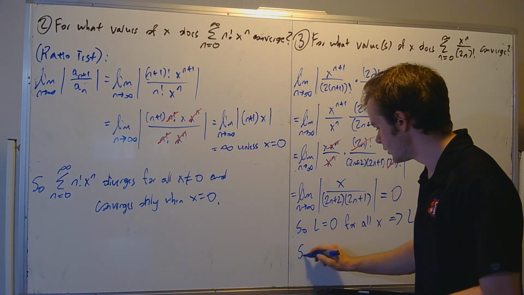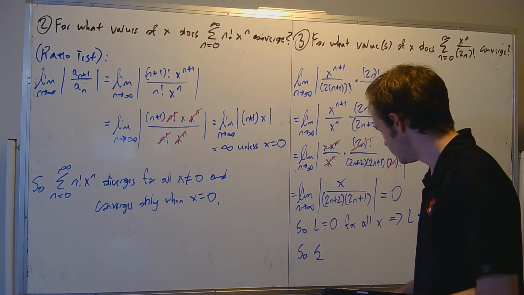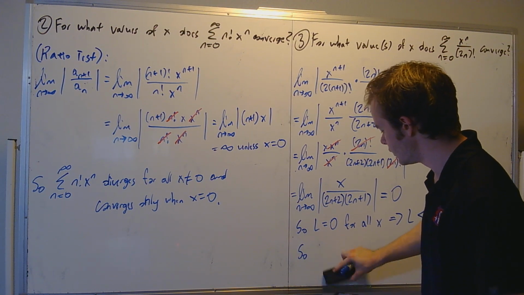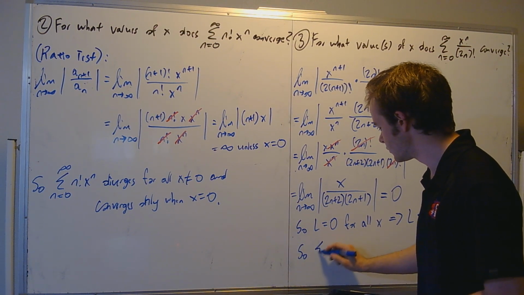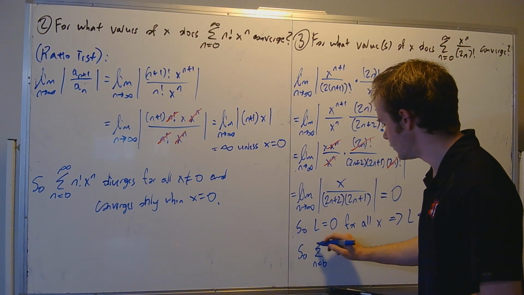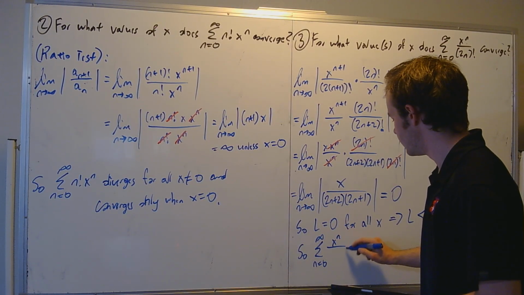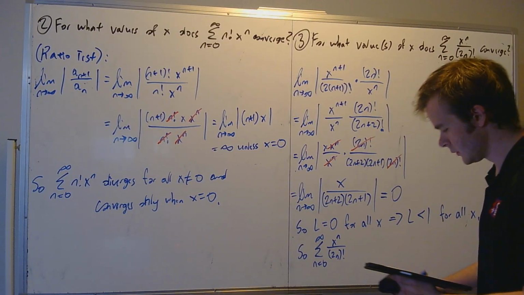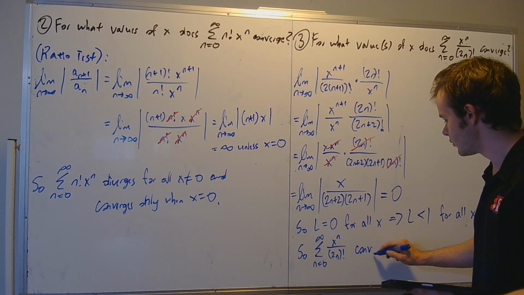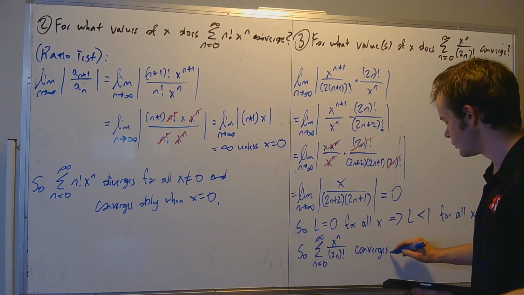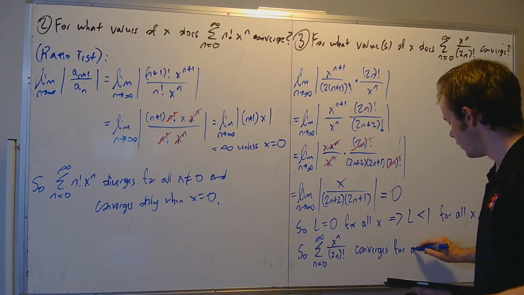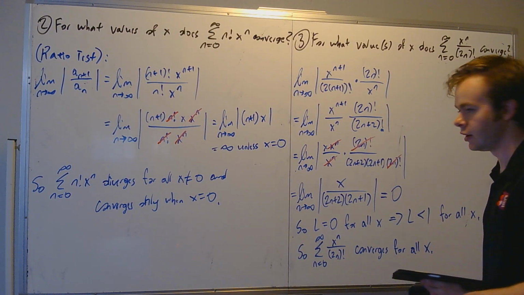So the sum from n equals 0 to infinity of x to the n over 2n factorial converges for all values of x. Okay.